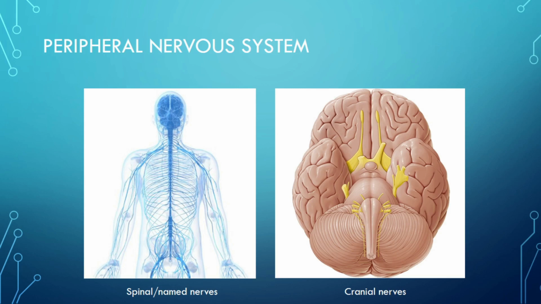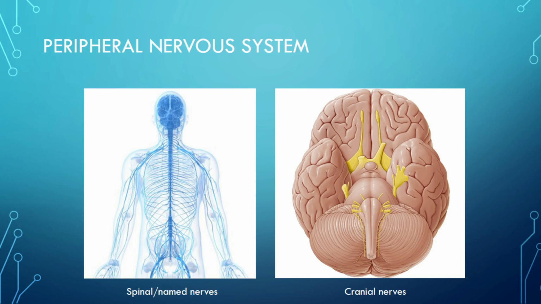So we've covered the components of the central nervous system, and now we're briefly going to consider the peripheral nervous system. So any named nerve that you've come across during your studies up to this point, say the median nerve when you're thinking about carpal tunnel, or the sciatic nerve of the lower limb and the problems that can arise through entrapment of that, or even the phrenic nerve controlling the diaphragm.